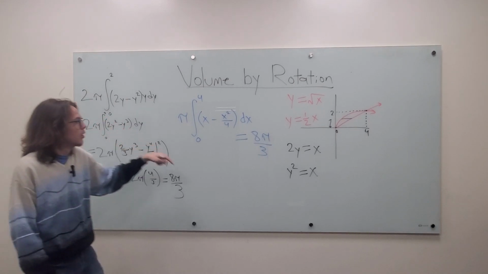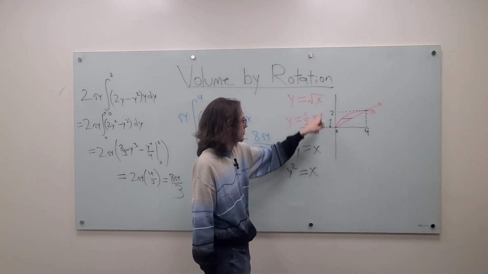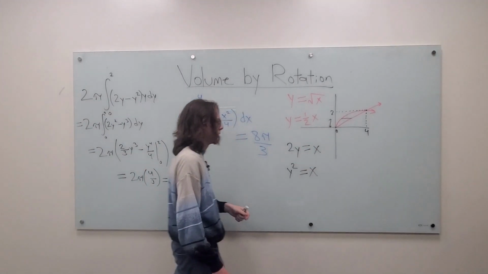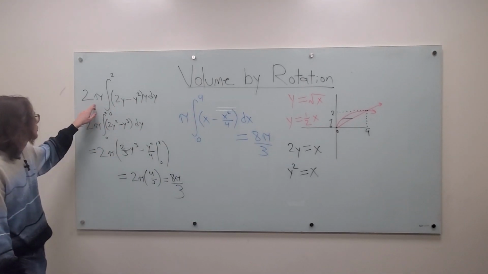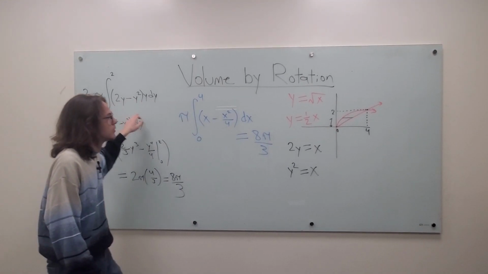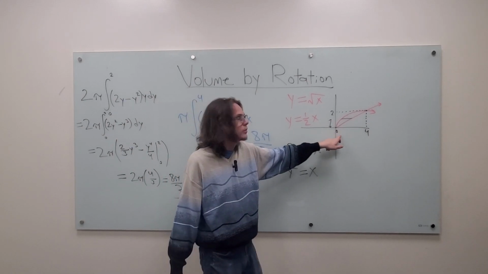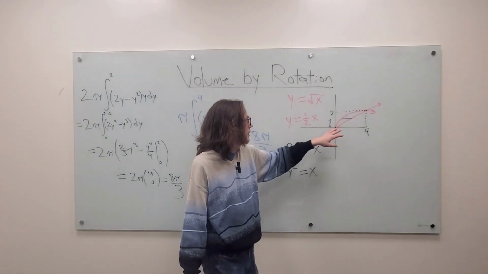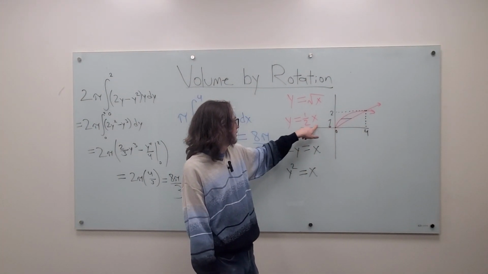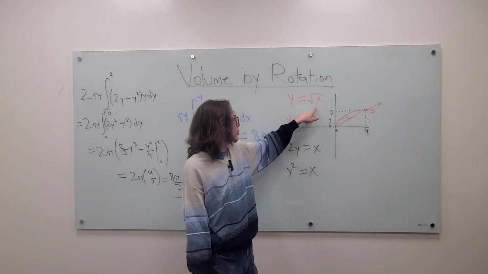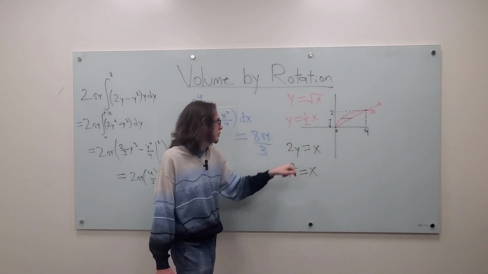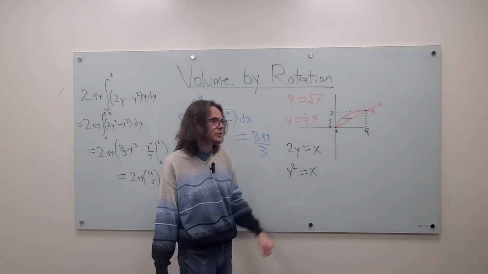So we should have, oh, and of course, as we move up and down, y is going to be our height. So we've got 2 pi times the integral. Now our boundaries: 0 is going to be the same because obviously 0 times anything is 0, and the square root of 0 is 0. And when we flip them, 2 times 0 is 0, and 0 squared is 0.